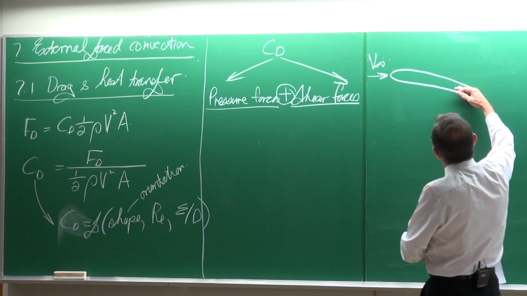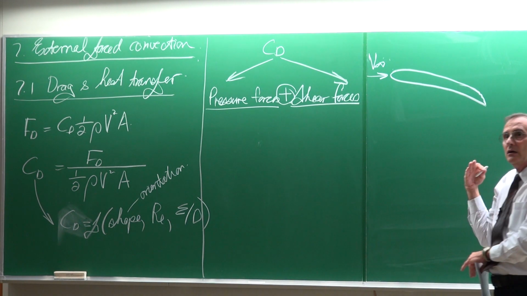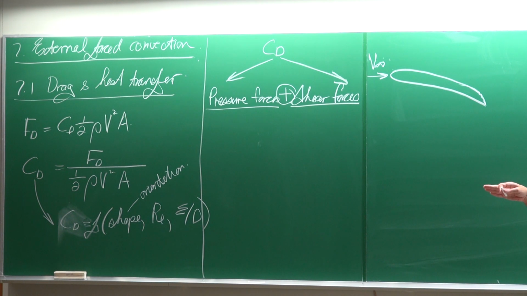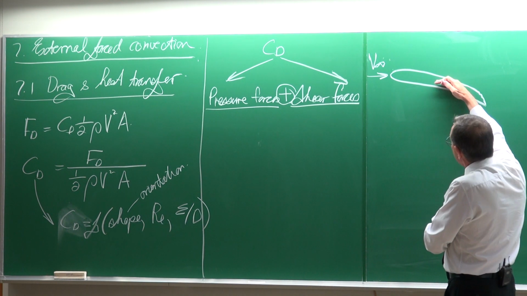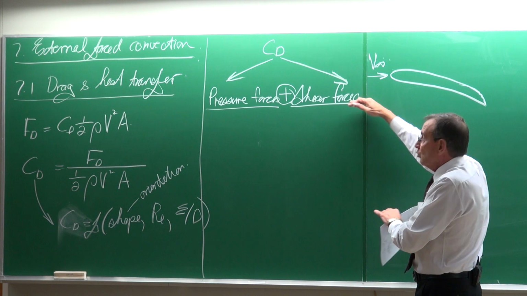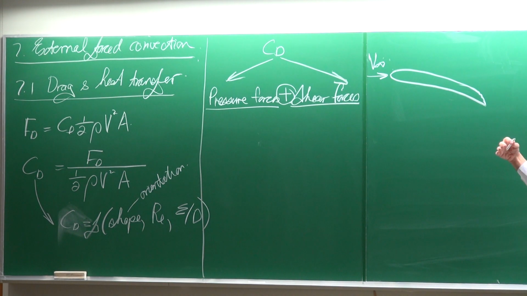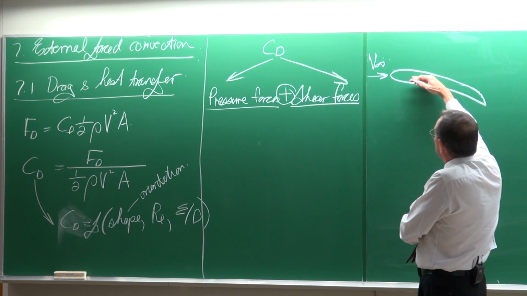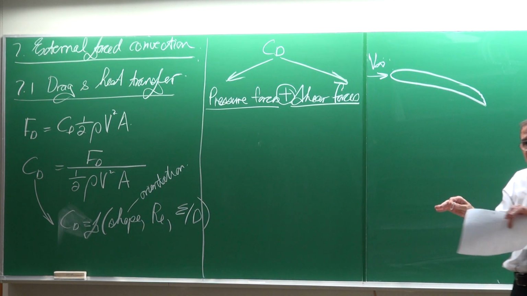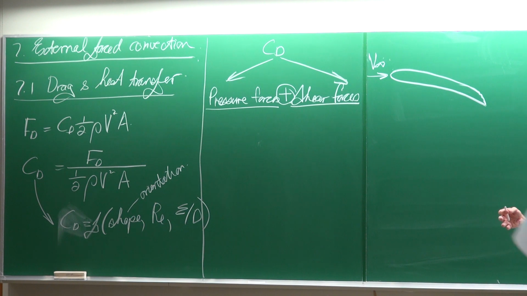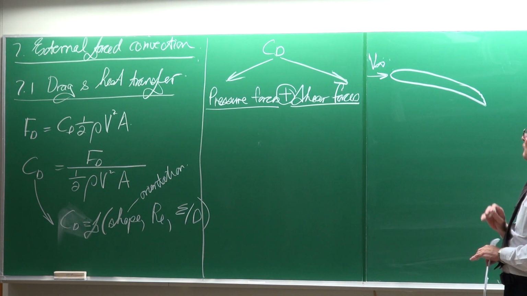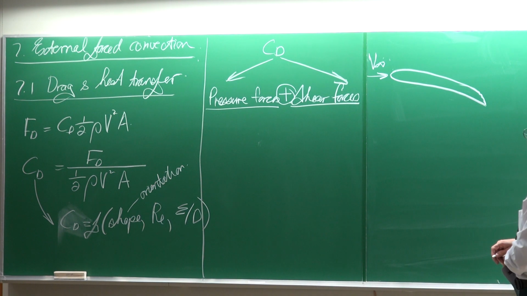In terms of an aeroplane that has been propelled through the air, the aeroplane wing will fly at a velocity v infinite, but we can get exactly the same effect if we kept the aeroplane wing in a wind tunnel and the wind is being forced over this aeroplane wing.